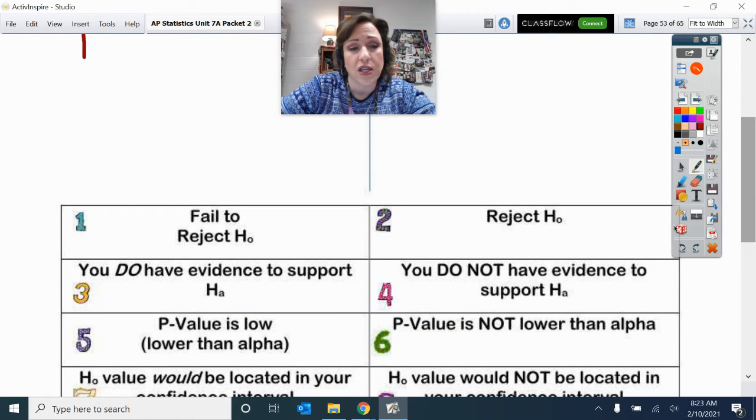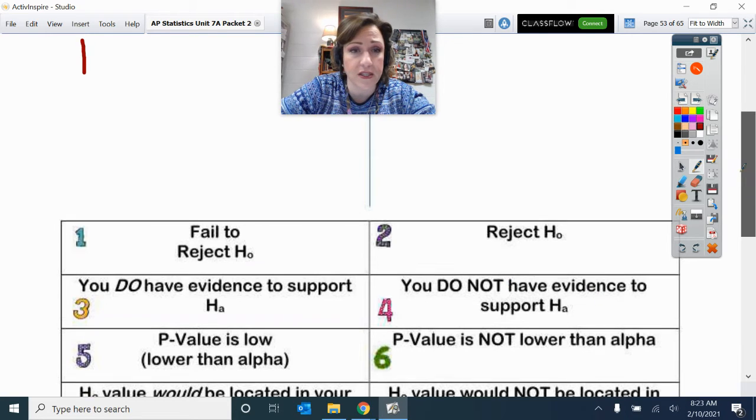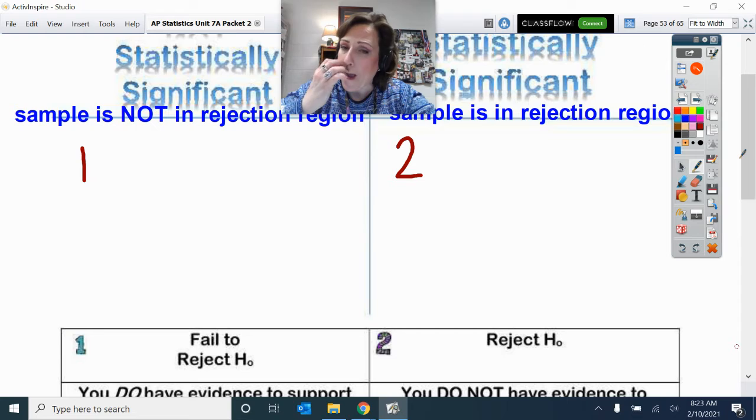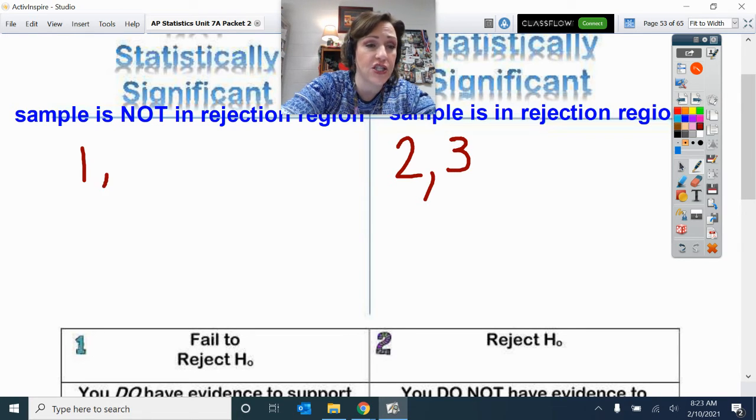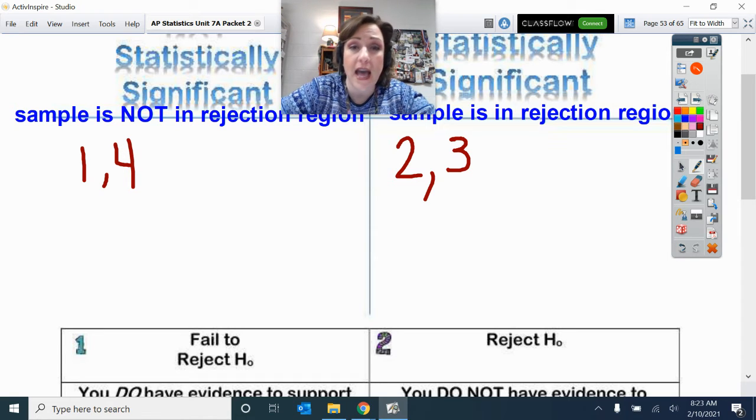Now, you do have evidence to support the alternative versus you do not have evidence to support the alternative. Let's think about that. It is when I reject H0 that I do have evidence, so that would be there. And so I do not have evidence to go with HA.